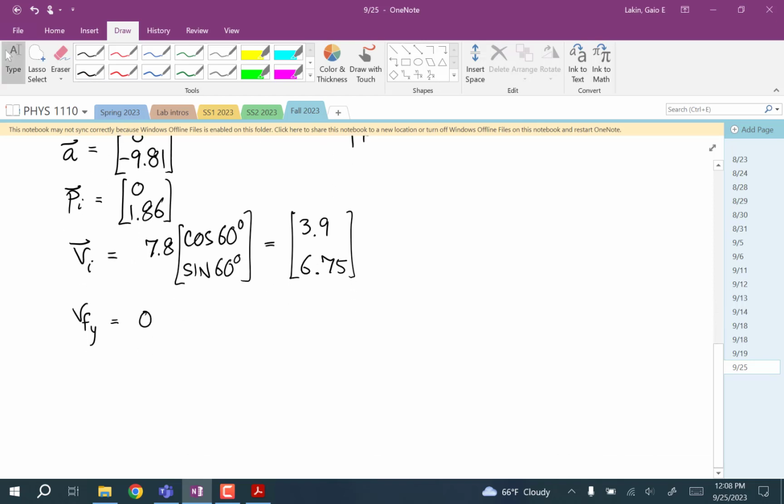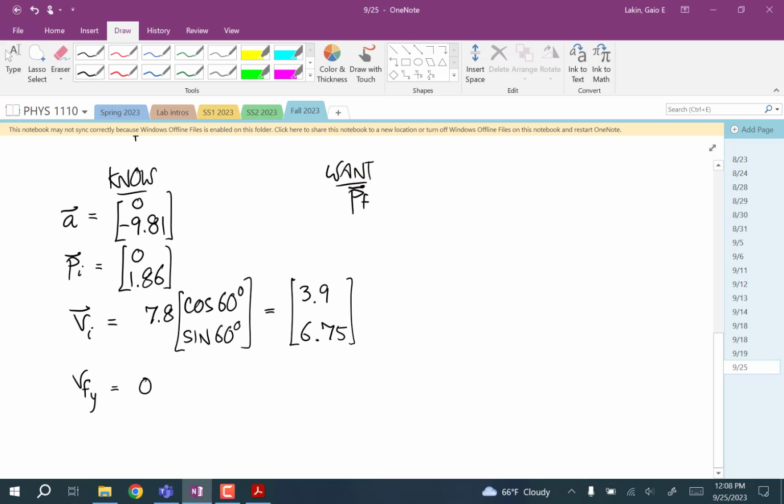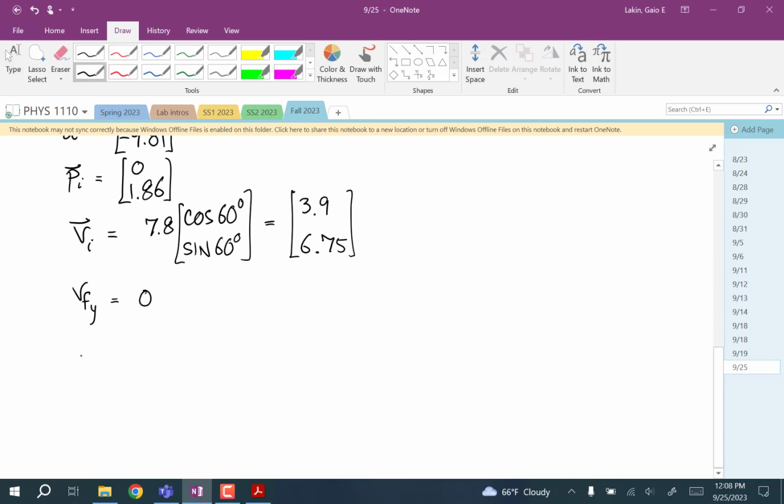So we can find PFY using this equation. 2AY times the quantity PFY minus PIY is equal to VFY squared minus VIY squared.